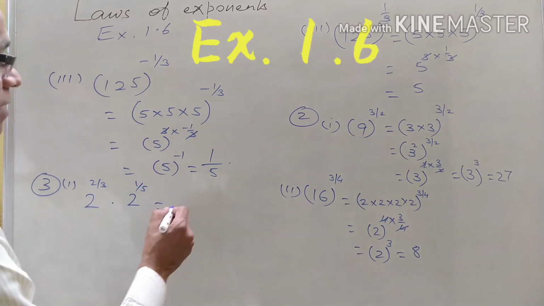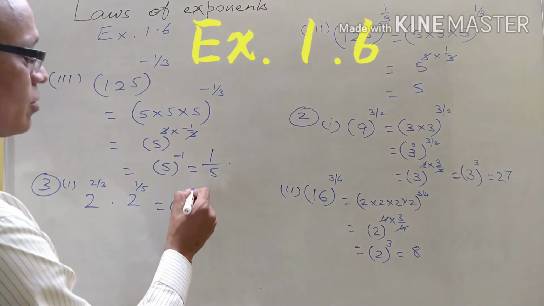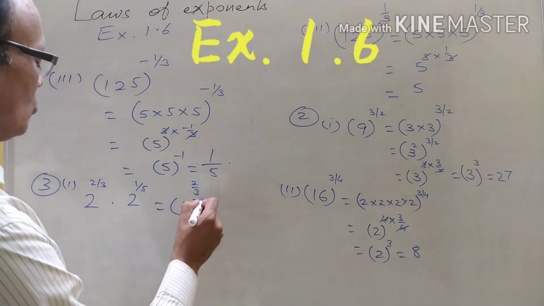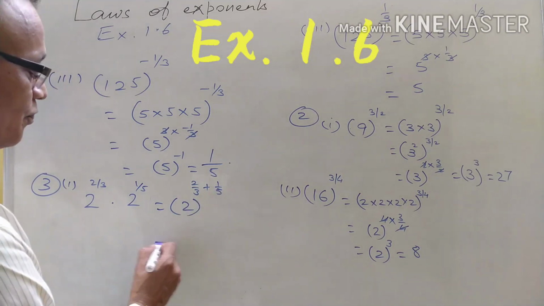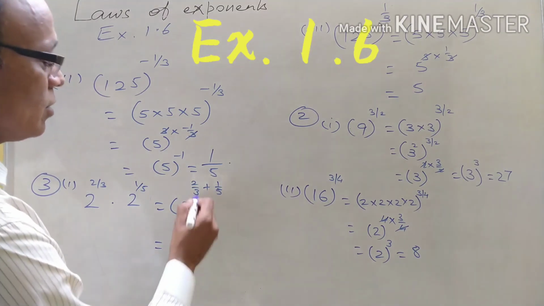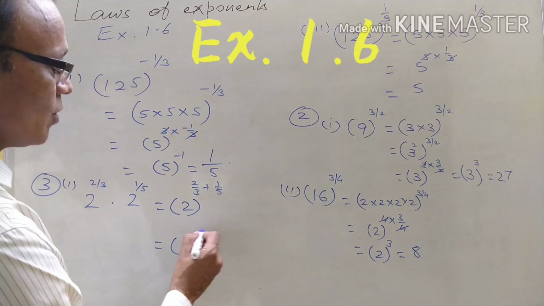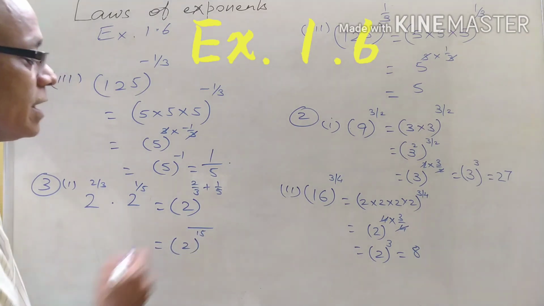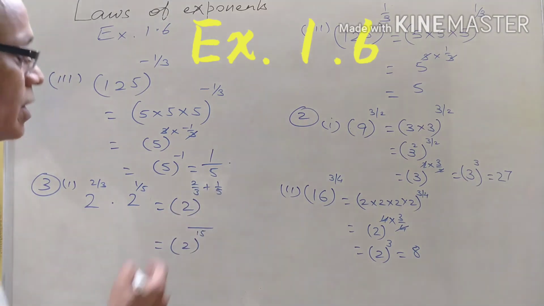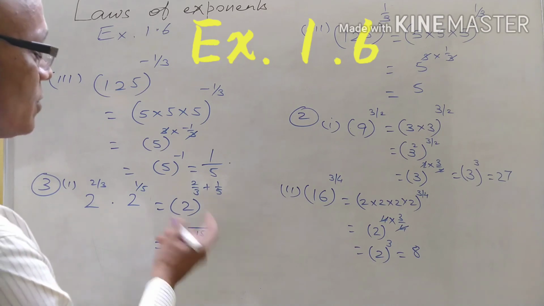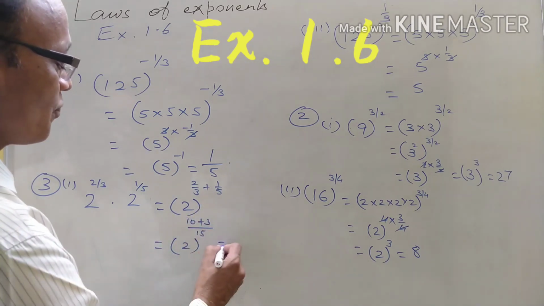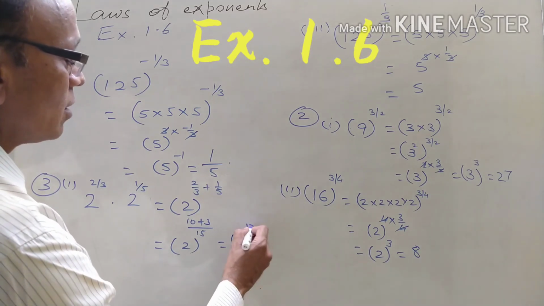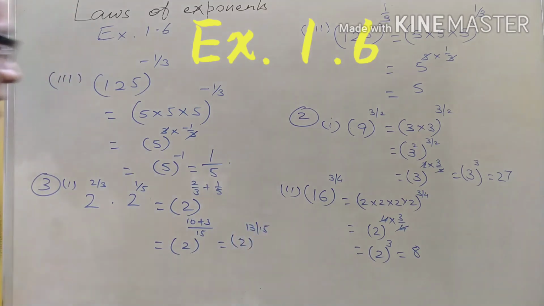So base is same. You need to apply the first law of exponents. 2 to the power 2 upon 3 plus 1 upon 5. To simplify, you know how. The LCM of 3 and 5 is 15. So 3 5 times, 5 2 times 10, plus 5 3 times is 3. It becomes 2 to the power 13 upon 15.